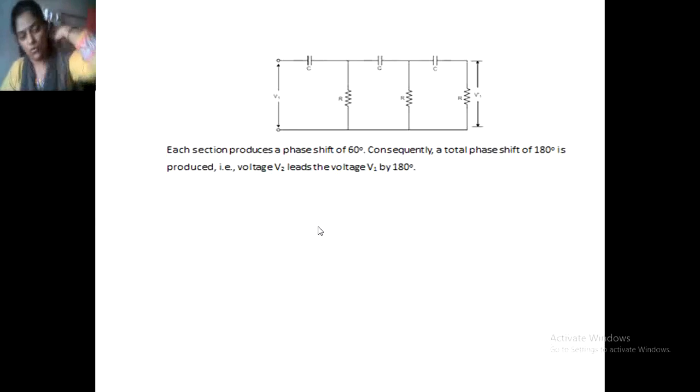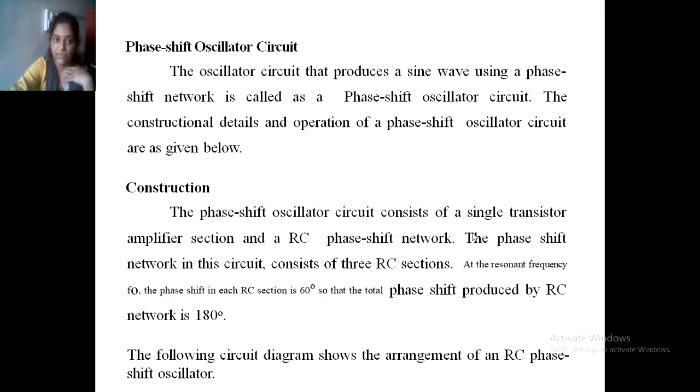That is, voltage V2 leads the voltage V1 by 180 degrees. Here each RC section produces a 60 degree phase shift, so the total is 180 degrees.